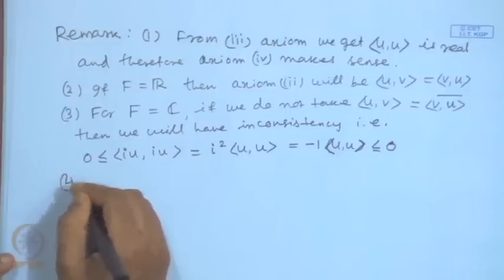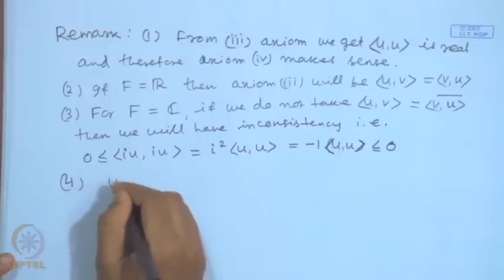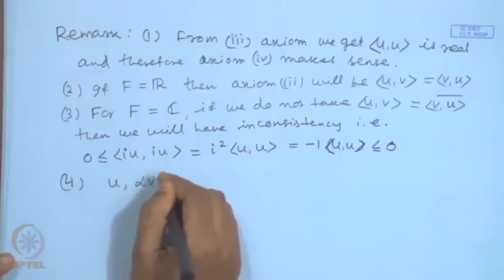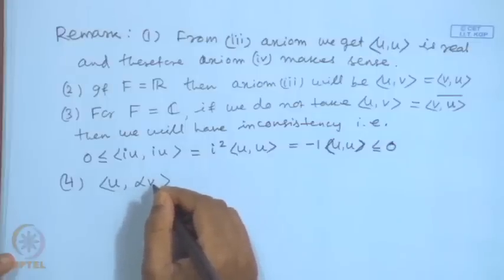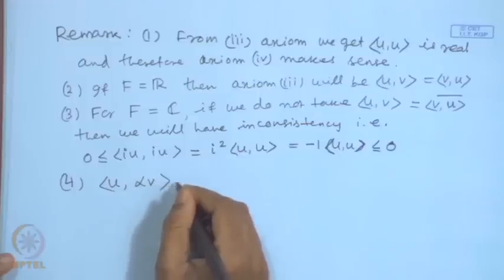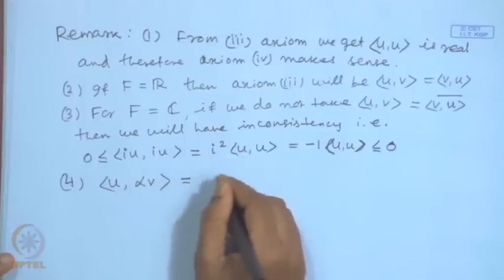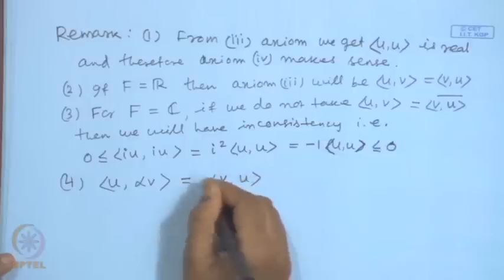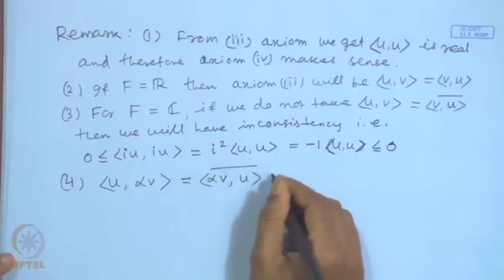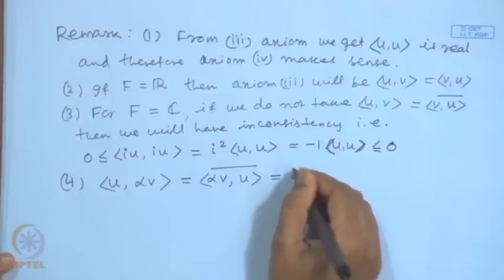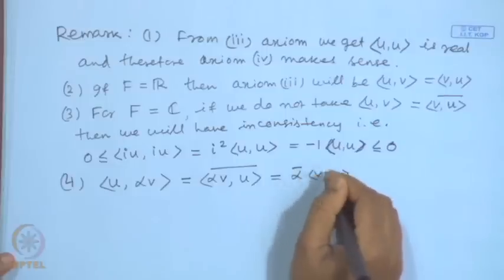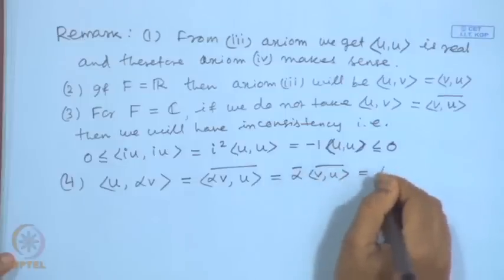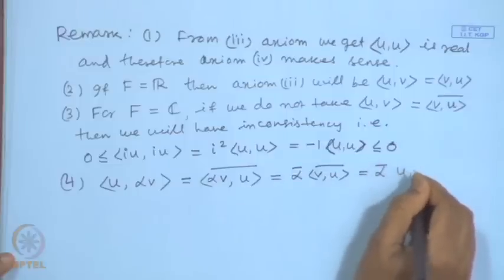Fourth remark is that the inner product of u with alpha v, where the scalar is multiplied with the second component, we get from axiom 3 the conjugate of the inner product of alpha v, u, and this is equal to alpha bar times the inner product of u, v.